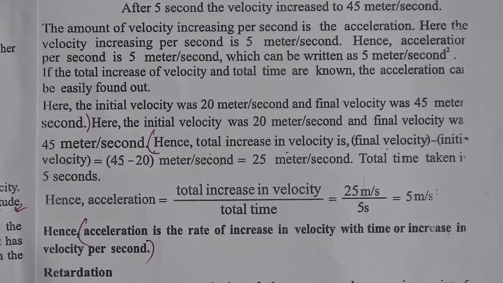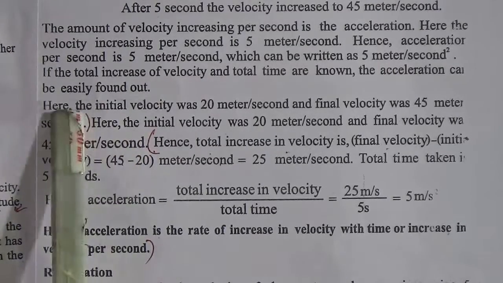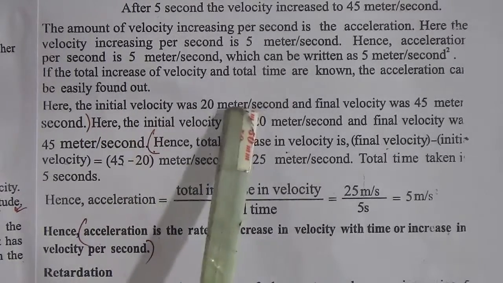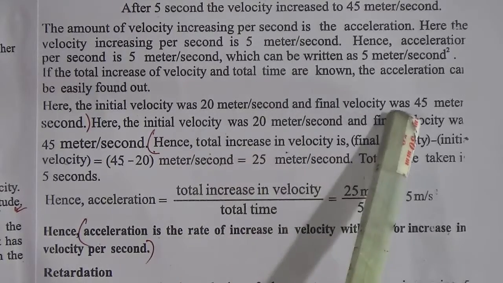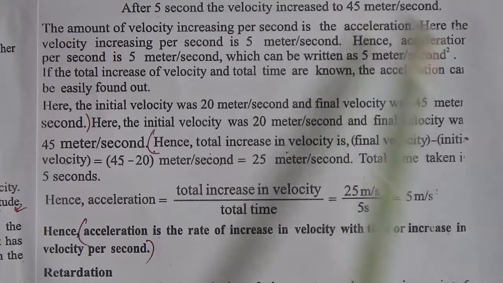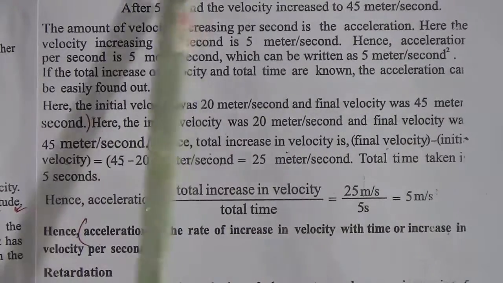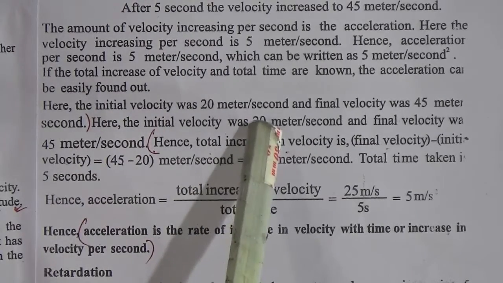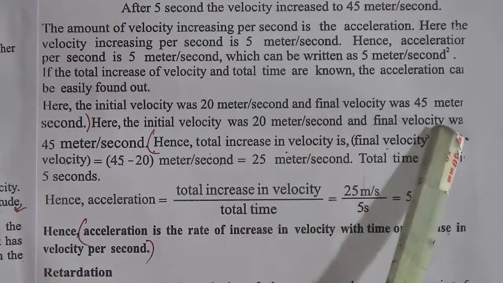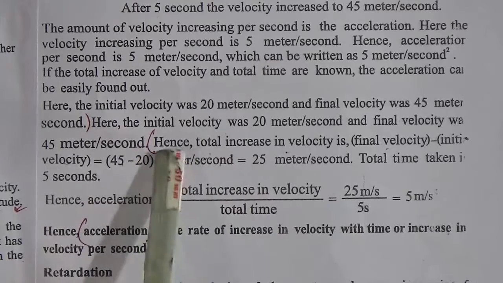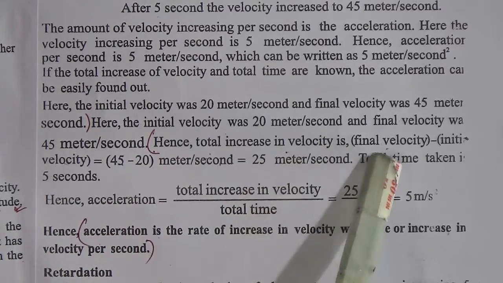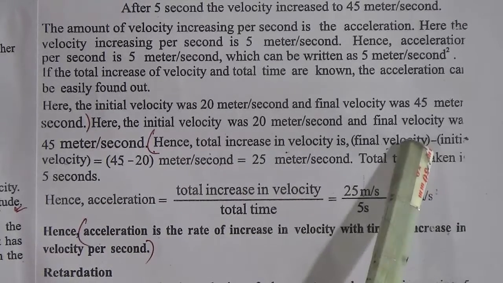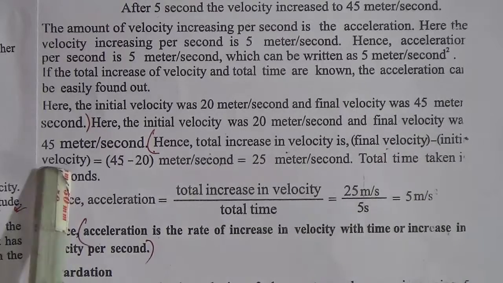To find out the acceleration, we do this. Here the initial velocity was 20 meters per second and the final velocity was 45 meters per second after 5 seconds. So the total increase in velocity is final velocity minus initial velocity.